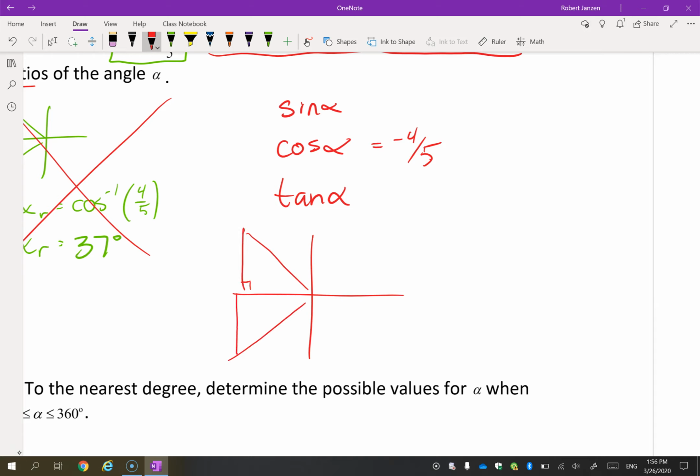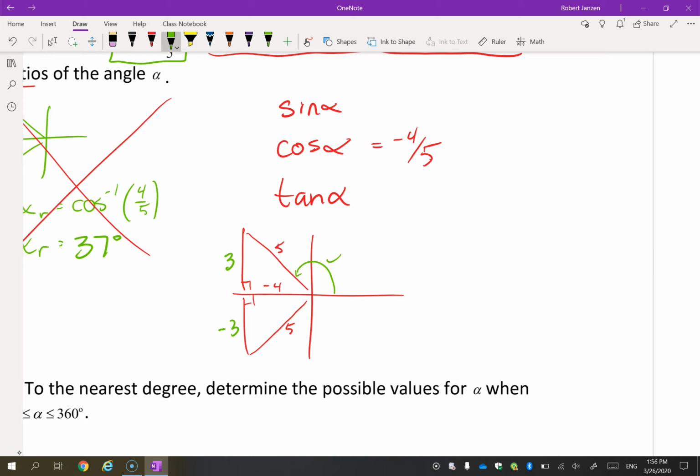So we've actually got two scenarios to look at. Maybe I'll draw that a little bit better, because these triangles will be the same size. So this is negative 4, this is 5, this is 5. I know that because cosine is adjacent over hypotenuse. That means I can find this value would be 3, this one would be negative 3. All right?